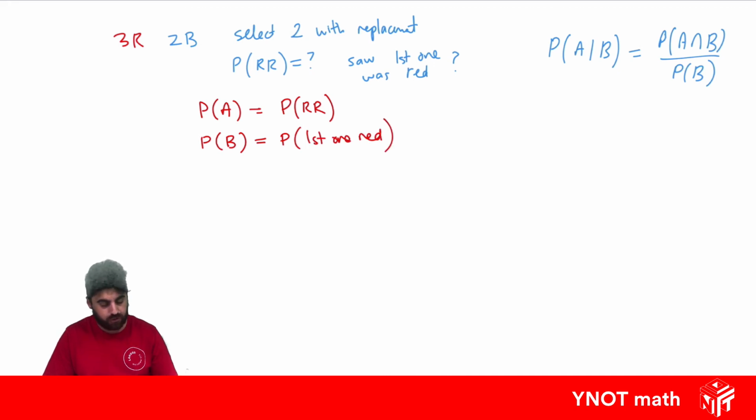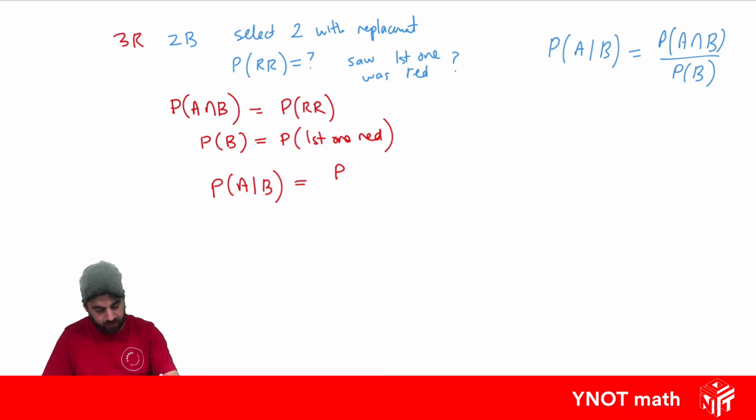Our condition is that we already saw that the first one is red, which means that the probability of A conditioned on B is going to be the probability, this is actually our A intersection B. That's where everything is happening together.